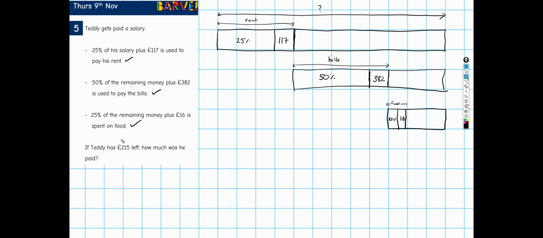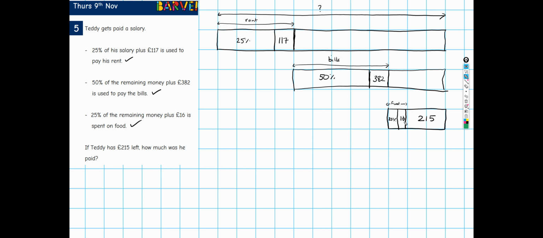Now what do we know? Well, we're told that Teddy has £215 left. That means that this part must be 215. And I think you can already see we now have down here a complete bar. We can work something out now. So what have we got? Let's go to a different color just for fun.